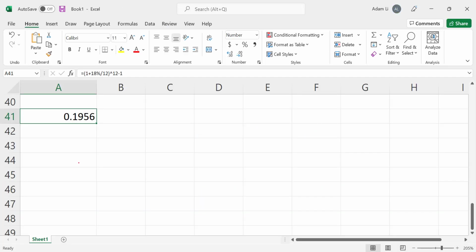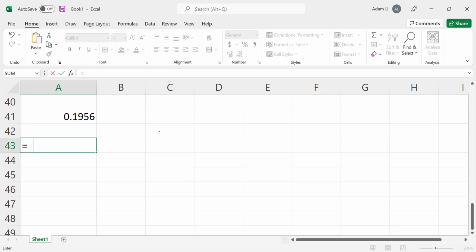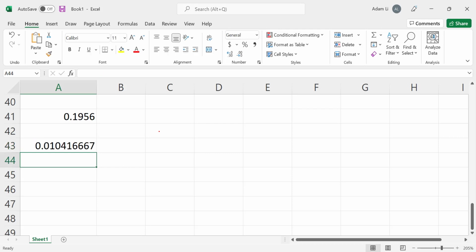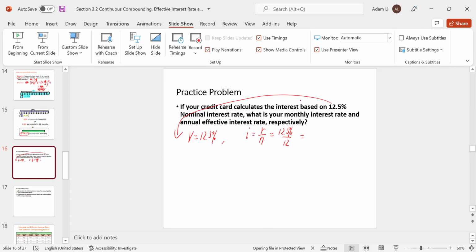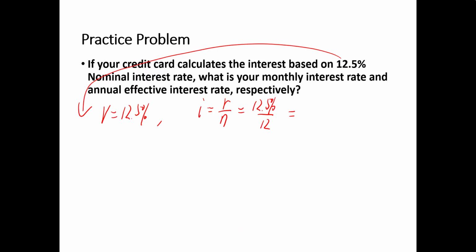Approximately 1.04%, rounded to 4 decimal places. And this is the monthly interest.